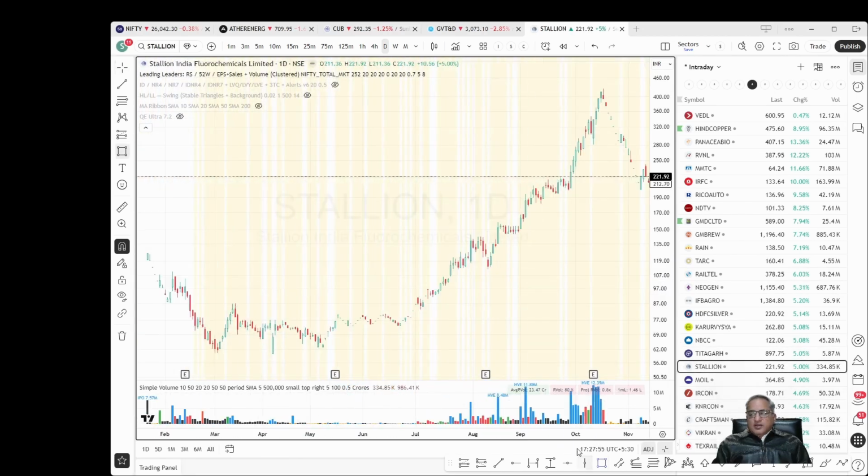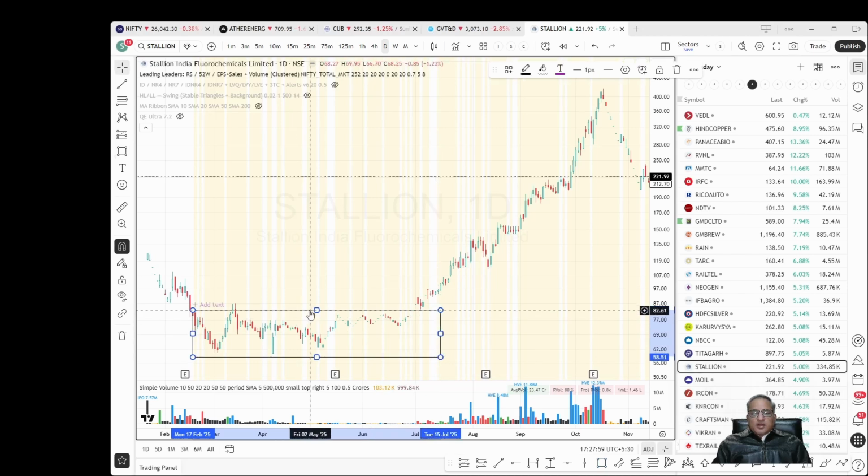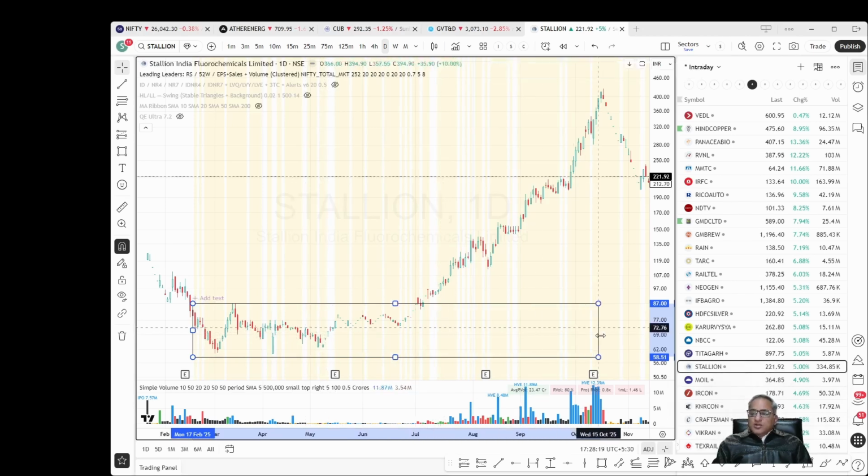Stallion, okay. Let's clarify something. As per Richard Wyckoff and Stan Weinstein's stage analysis theory, a stock has four stages. This one is the accumulation stage, or stage one. If you buy here or here, you don't know how much more time it will take to come out of this accumulation phase.